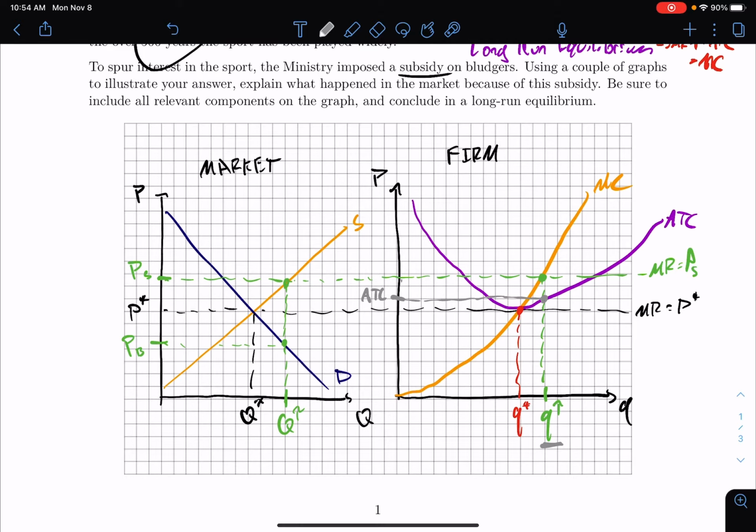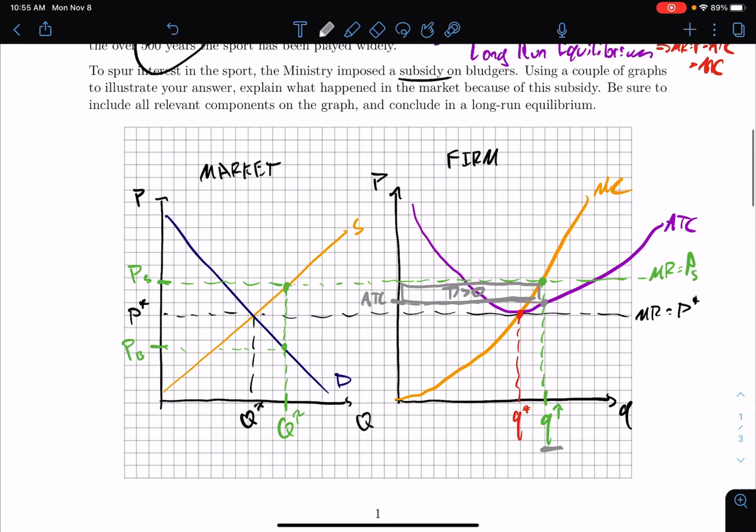So our profit is just this area here. It's price minus ATC times Q tau. So this is profit, and profit here is greater than 0.